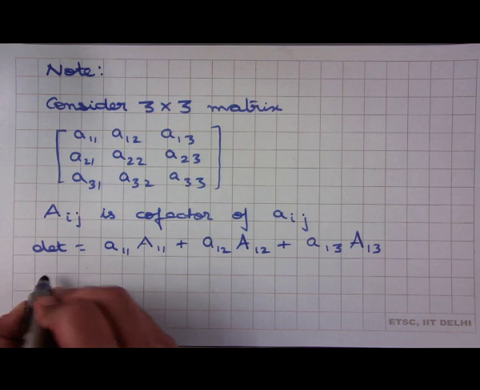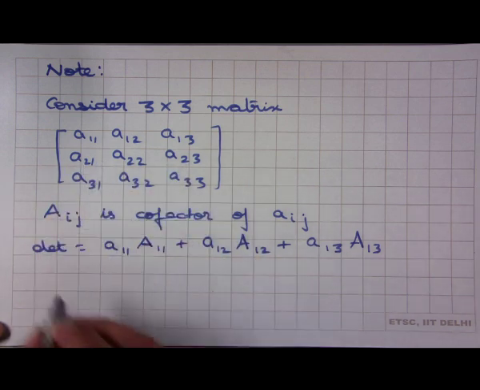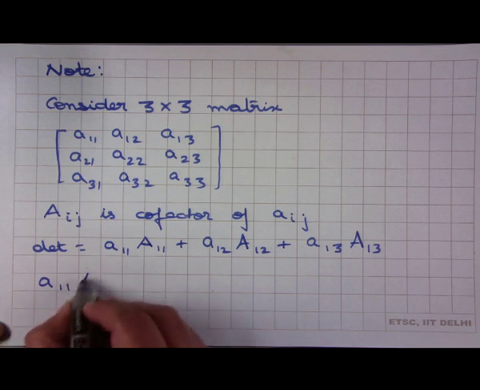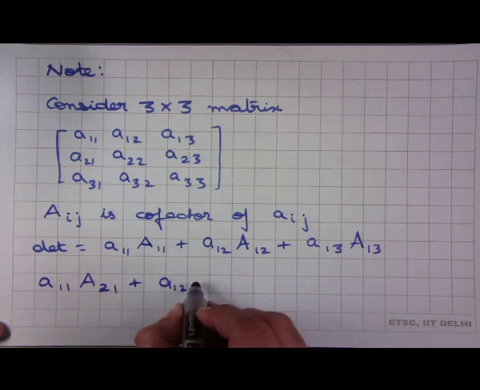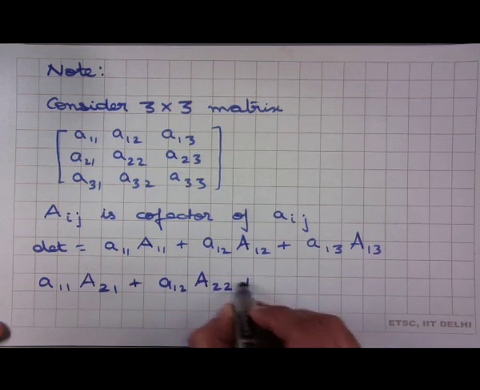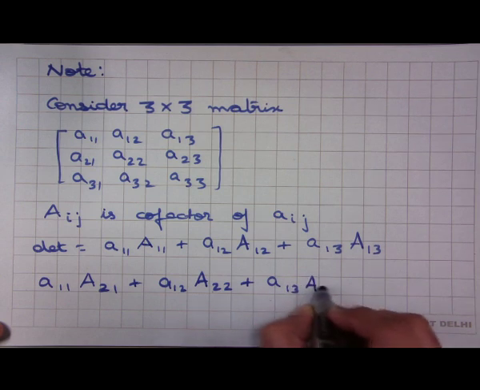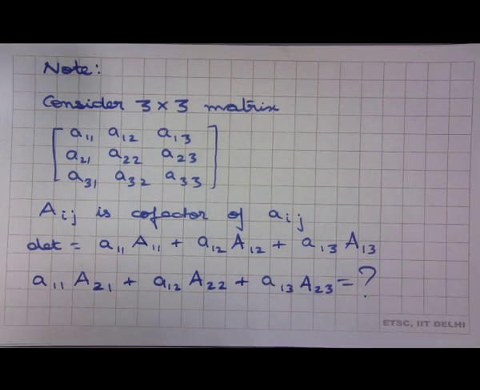Now, the question is, what happens if you replace these cofactors with the cofactors of other elements? In other words, what happens if I do the following: a11 times A21 plus a12 times A22 plus a13 times A23. So, what is this value? And in general, we could ask this for other expansions of rows or columns. Well, the answer is that this is going to be 0.